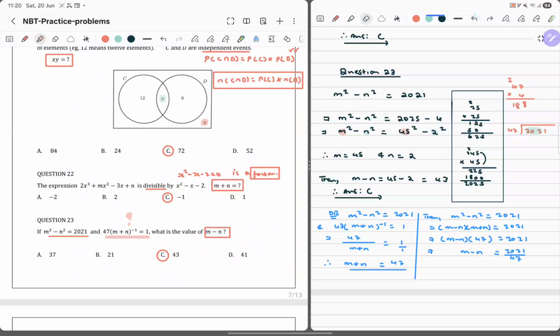So we will say 4 times. 4 times that is going to be 188. Right, so we can see we have an issue now. We have to borrow 10 and then we borrow.